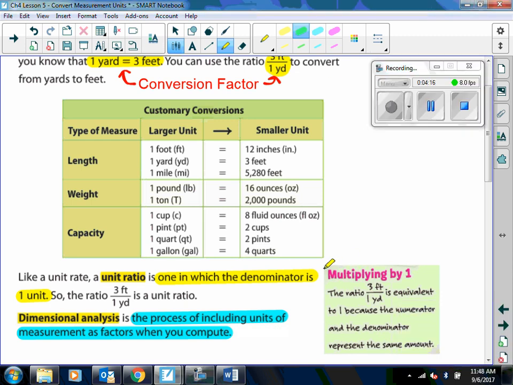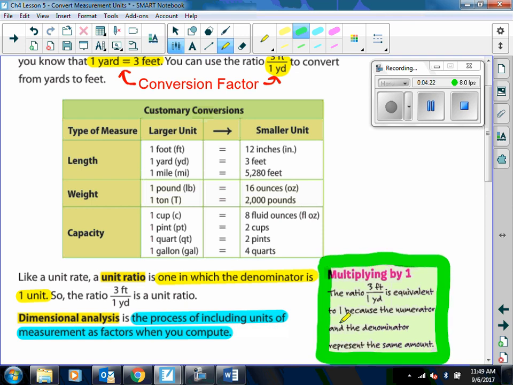Now this part over here, it says multiplying by 1. You don't have to write this down, just pay attention and listen. So here, it says that the ratio 3 feet to 1 yard is equivalent to 1 because the numerator and the denominator represent the same amount. It's the same thing as when we have 2 over 2. 2 over 2, that's equal to 1. 8 over 8, that's equal to 1.